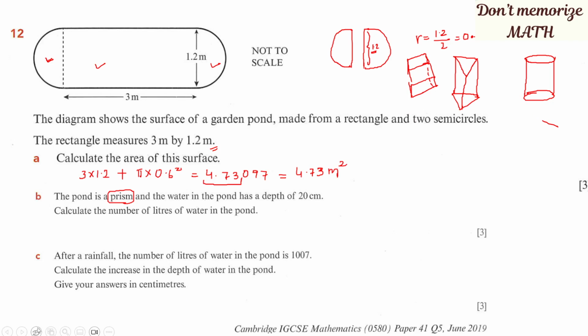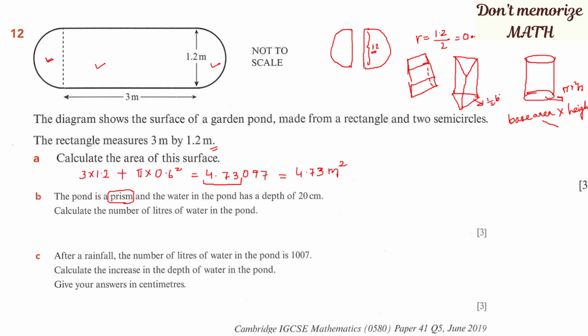So how to find the volume of a prism? Any type of prism you can find the volume by base area times height. In case of this one, we have base is circle. So what is circle area? Pi r square times height h. That's why the volume of cylinder is pi r square h. So triangle, what is the triangle area?